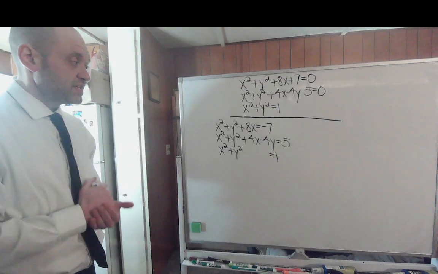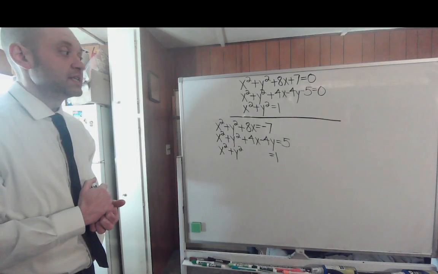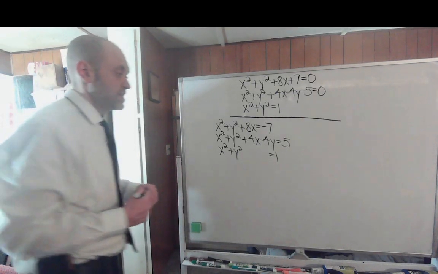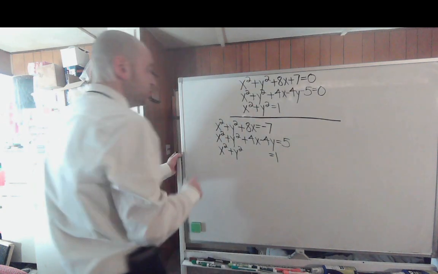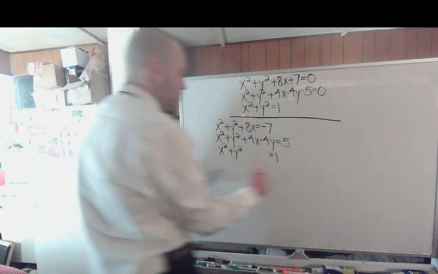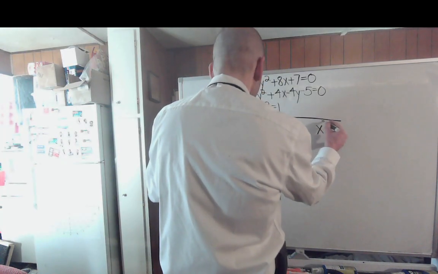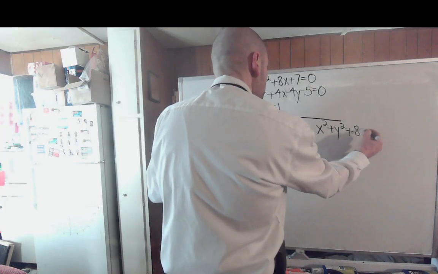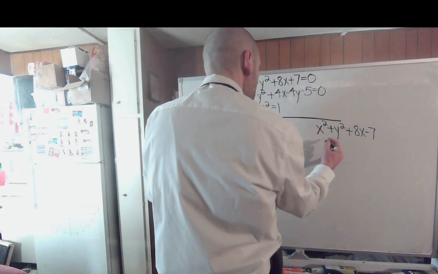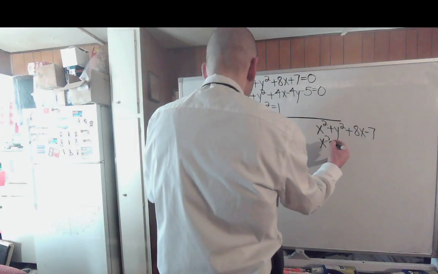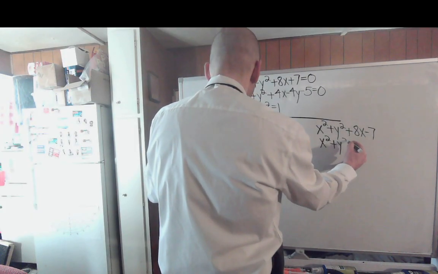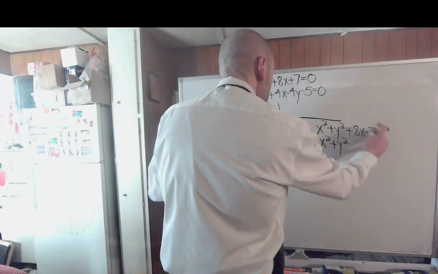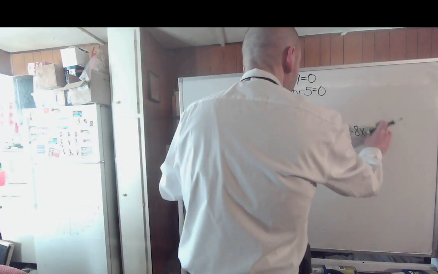Now, in this case, we definitely need to use elimination. So let's get some equations here. Let's deal with the first and third equation. So if we take x squared plus y squared plus 8x equal to negative 7, and then x squared plus y squared equals 1.